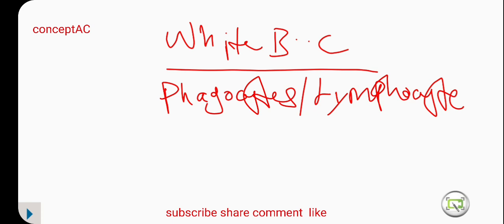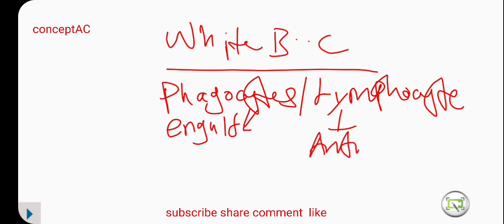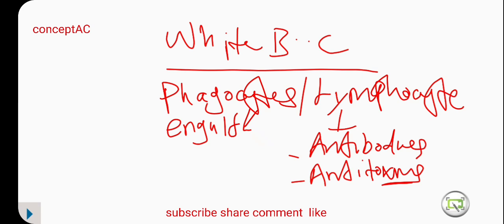Then a lymphocyte defends the body against infection by producing antibodies and antitoxins. So this one engulfs, but this one produces antibodies and antitoxins. Antibodies are proteins that are produced to go and fight with that germ.